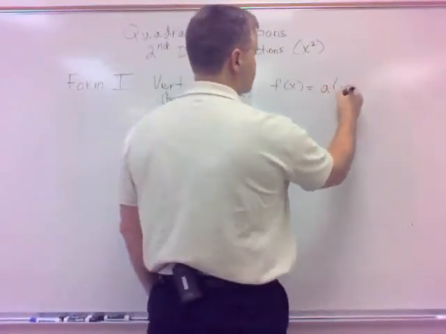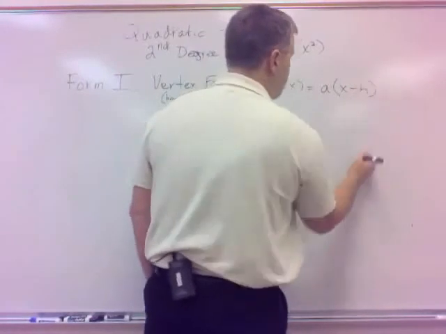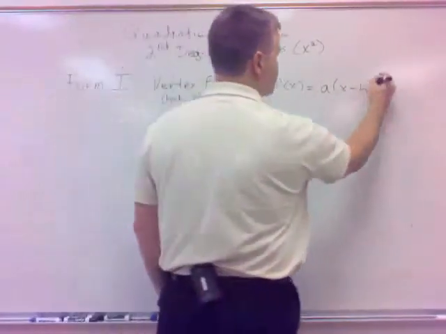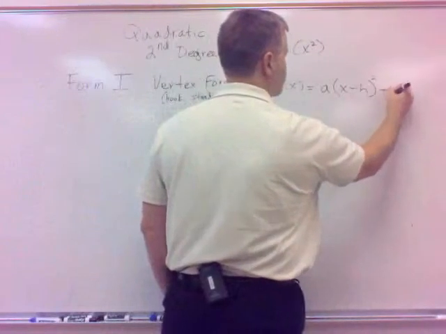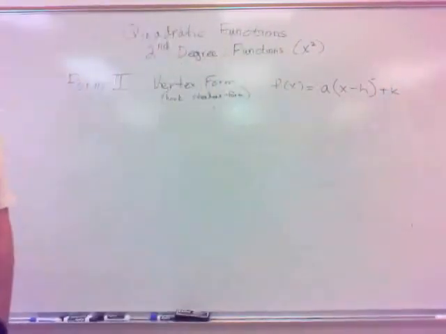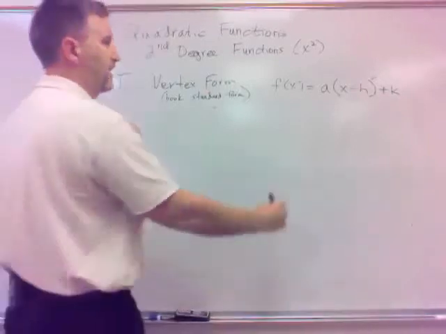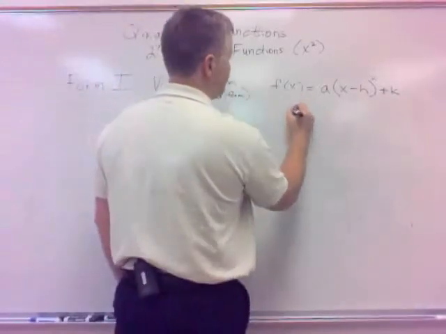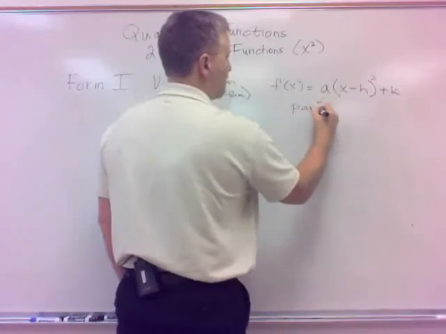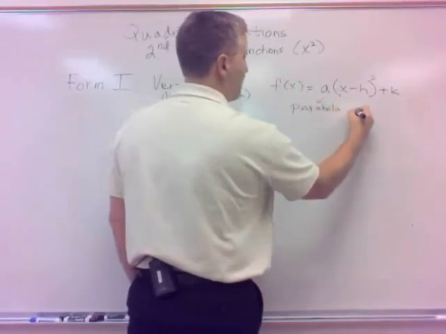So we'll put the a in general in front there, and then it'll be times (x minus h) squared plus k. And what's special about h and k? That's the vertex, okay? So in general, this is a parabola with the vertex (h, k).